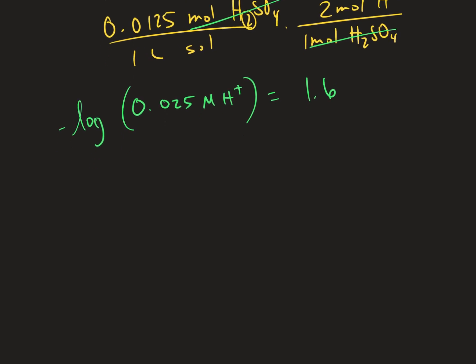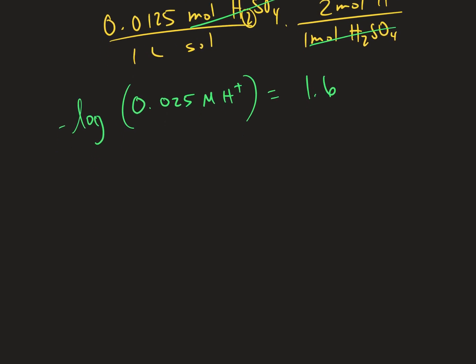Now, sometimes we're dealing with something like this, where we want to know the pH of a 0.0105 molar concentration of magnesium hydroxide. Is this a 1-to-1 ratio, or what is it?